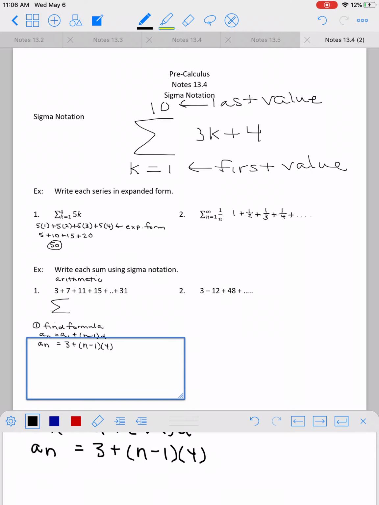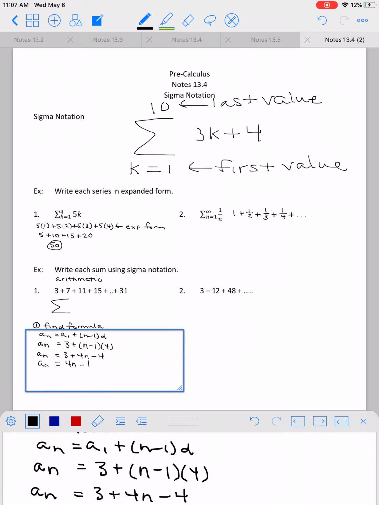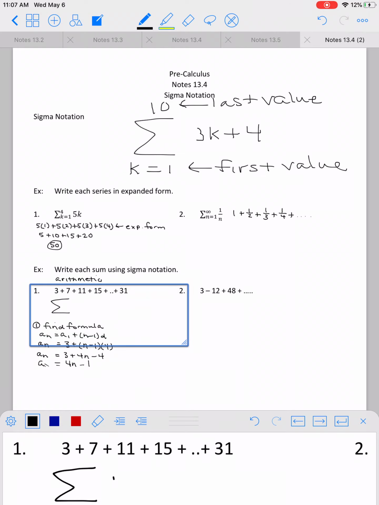So then we simplify 3 plus 4n minus 4, and our formula, a sub n, is 4n minus 1. So that means, opposite the sigma on the right hand side, I put 4n minus 1.